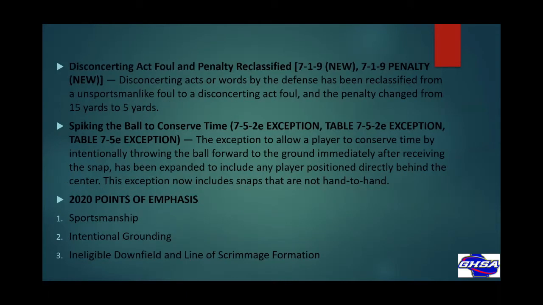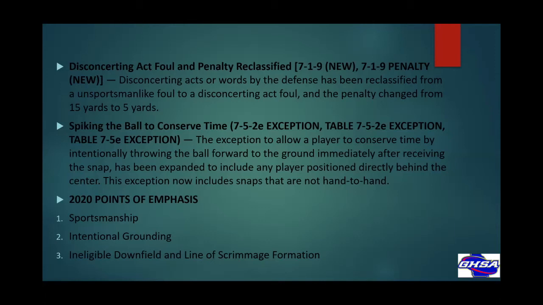Well, here's one that's a little bit different from the past. It involves disconcerting act foul. And what exactly is that? Although not called often or often enough, there are times where a defensive player would bark cadence signals out in an attempt to have either that center snap the ball, false start, or one of the linemen false start.